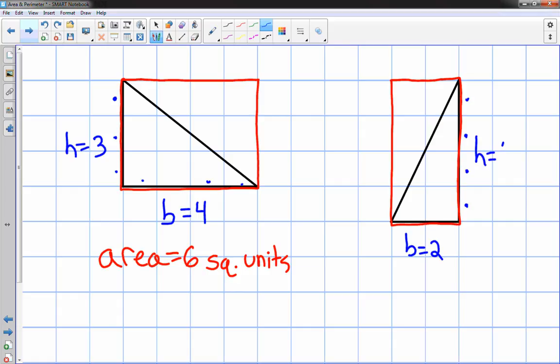Height is equal to 4. 4 times 2 is 8. But don't forget, you want half of that. So the area is equal to 4. 4 square units for that one there.